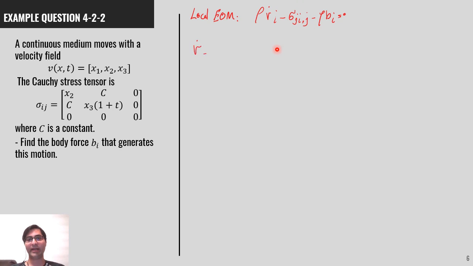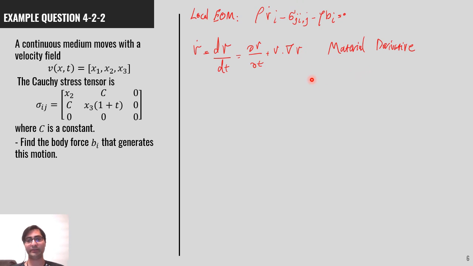Let's start with calculating v dot. You notice that v is a function of current states, so we need to use the material derivative for the current frame to calculate the time derivative here. dv dt becomes partial v partial t plus v dot gradient of v.